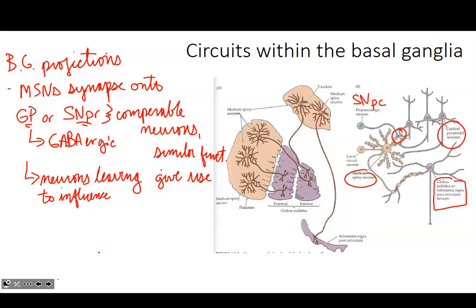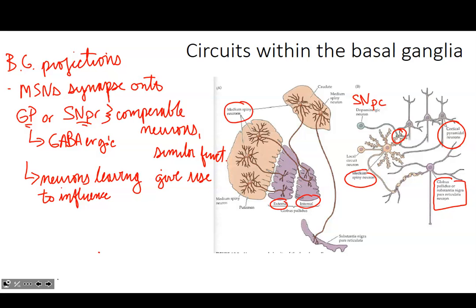Okay, so it's going to leave the globus pallidus for our intents, and we'll see where it goes, right? Now, the globus pallidus gets split, right? And so that's what they show in this picture. There's an external portion and an internal portion.